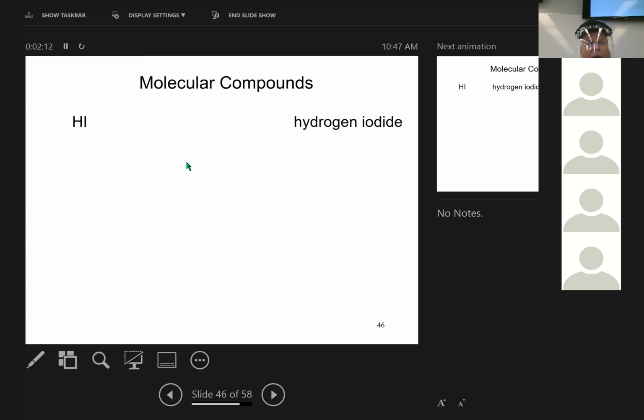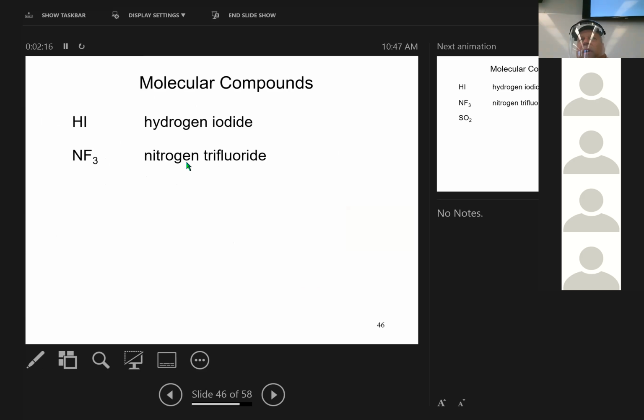And then with there, hydrogen iodide, nitrogen trifluoride. What's that? Sulfur dioxide. Okay, what's that? Dinitrogen what? Yeah, dinitrogen tetrachloride.